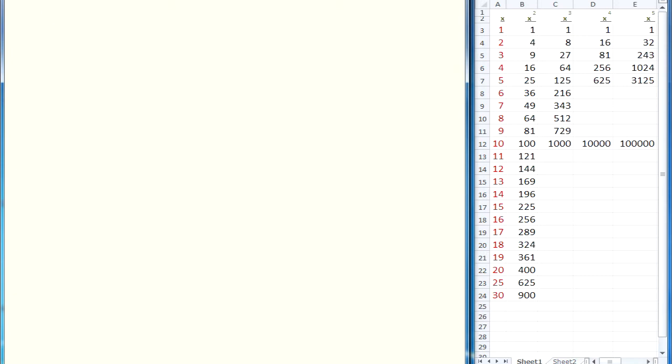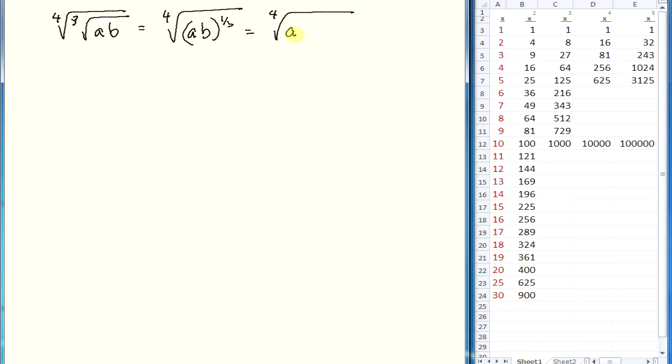If for some reason I had the 4th root of a cube root of AB, I am allowed to go the 4th root of AB quantity raised to the 3rd. And I'm allowed to go the 4th root of technically A to the 3rd, B to the 3rd. Now, I may wait and hold off on that.